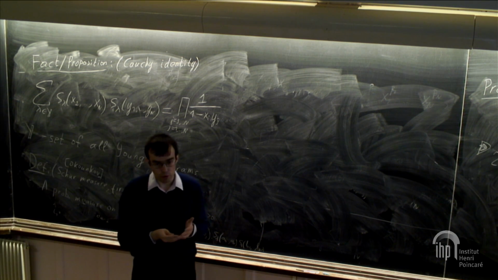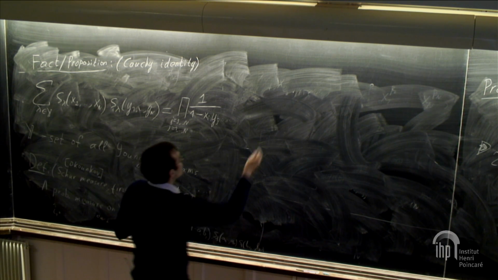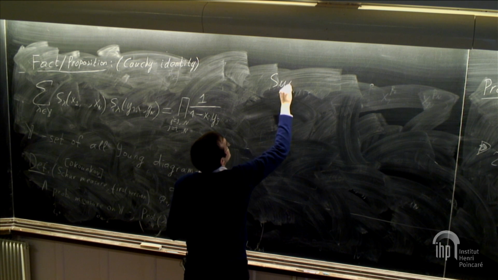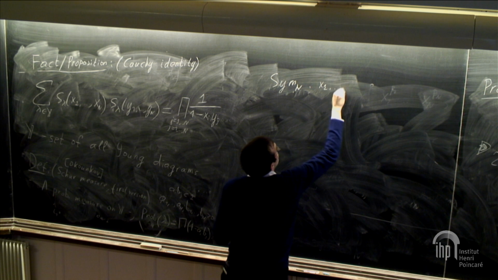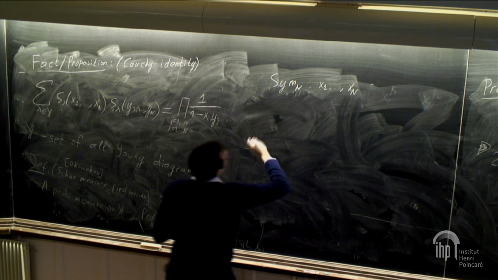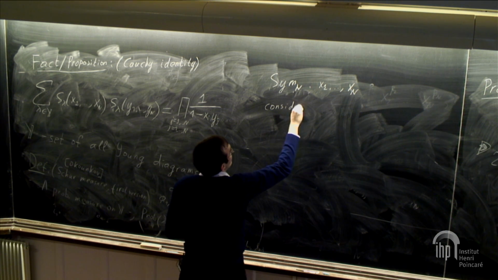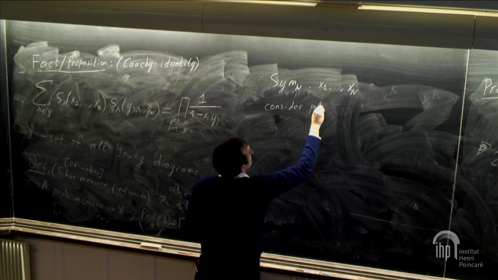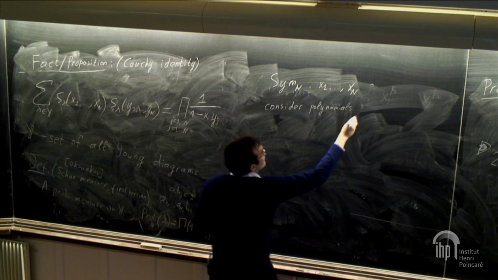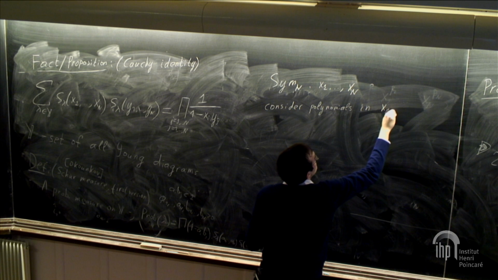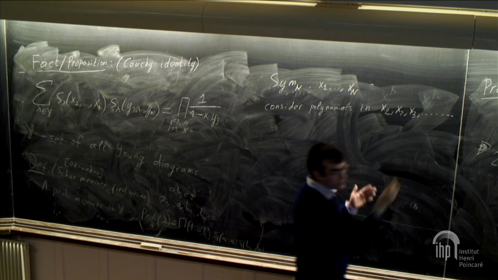As for now, I had only symmetric polynomials in n variables, x1, ..., xn. And I want to consider polynomials in x1, x2, x3, etc., in an infinite amount of variables.